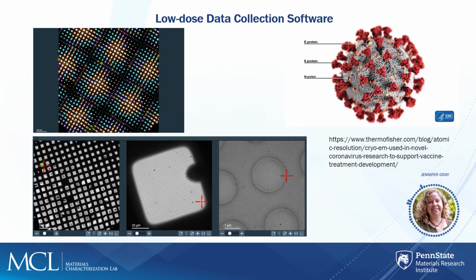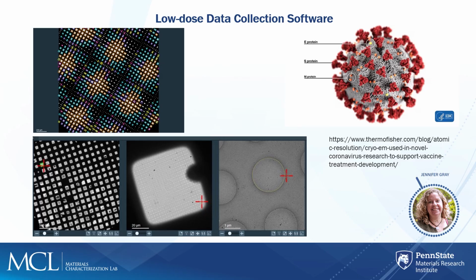So what we can do with this software is take a really low mag image of our entire grid square, and then we can drive to specific squares within that grid square while the beam is blanked. We can go to the grid square of interest or maybe a sacrificial grid square. We can do our focusing.